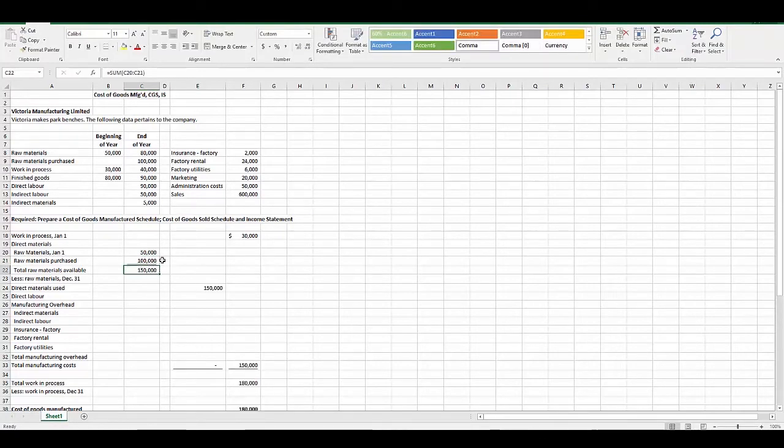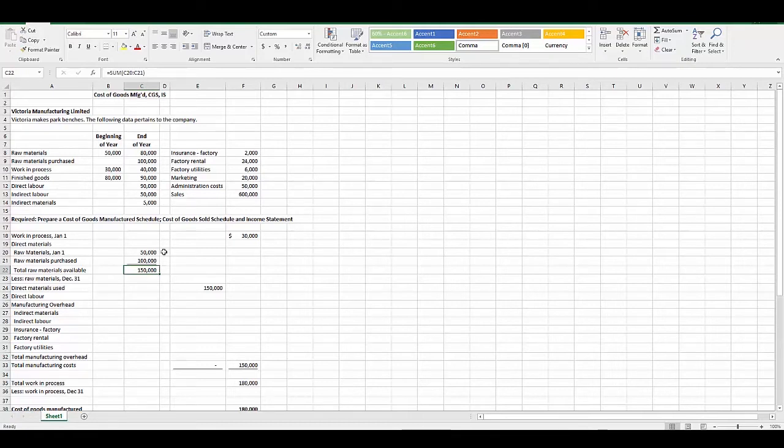So what this means is we had a total raw materials available for the period of $150,000, comprised of the $50,000 we started with at the beginning of the month. Then we purchased another $100,000. That gives us $150,000. So in order to figure out how much we actually used during the period, we have to subtract what we were left with at the end.